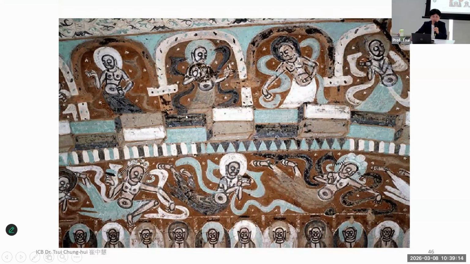So you can also find the flying angel in heaven. They are celebrating the Buddha, preaching the Dharma, and also playing musical instruments. And they are also designed in a shrine or in a beautiful architecture. So you can also see the design with the architecture, with the pattern.